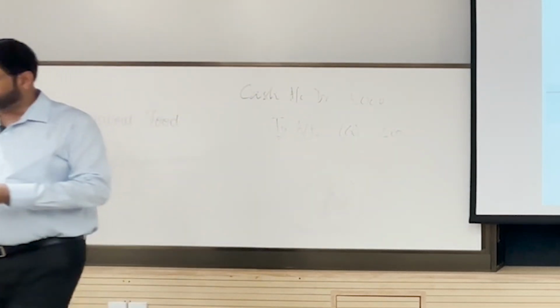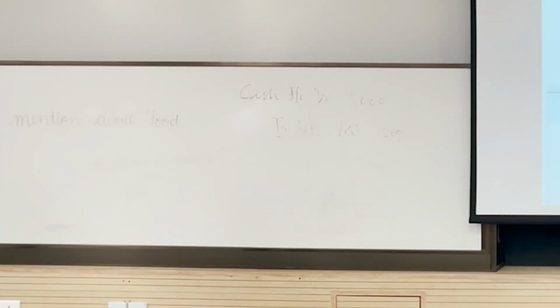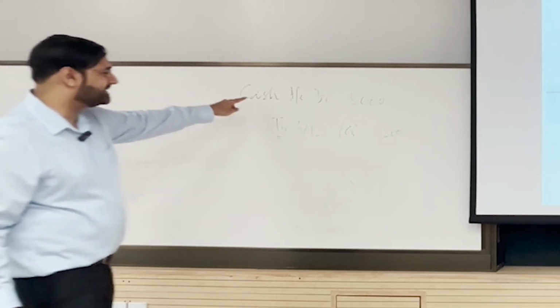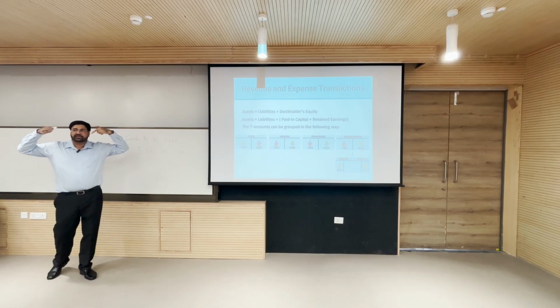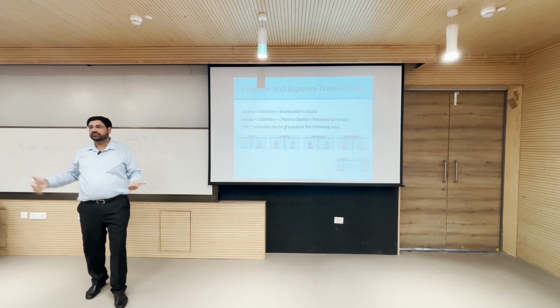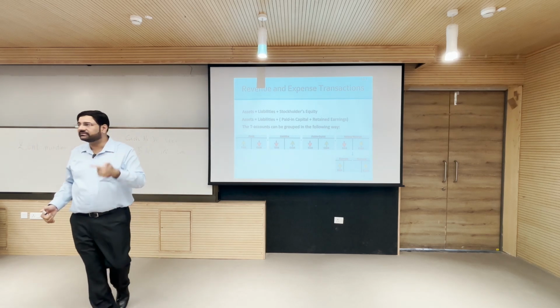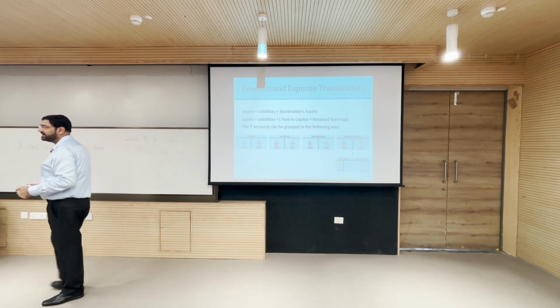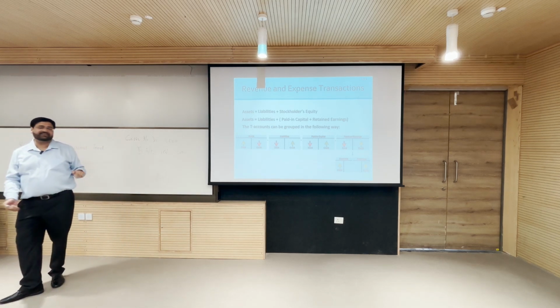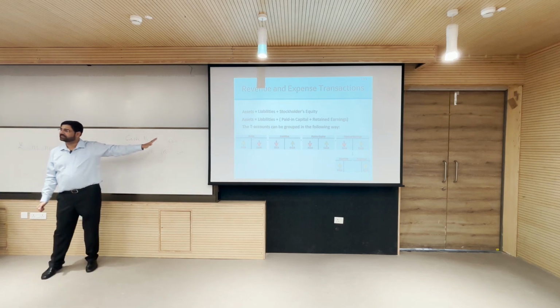So this is how we pass journal entries. Asset is debit, increase in asset is debit, and decrease in asset is credit. So we already know how to analyze transactions. If you know that the impact of this transaction is cash went up, cash is an asset, increase in asset is debit, so cash account is debited.